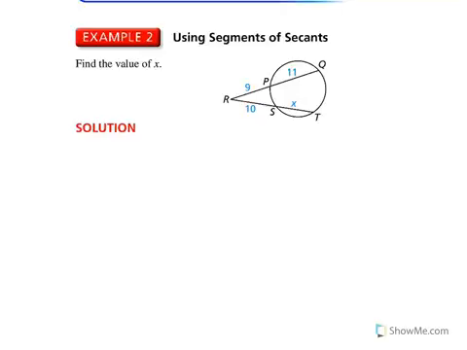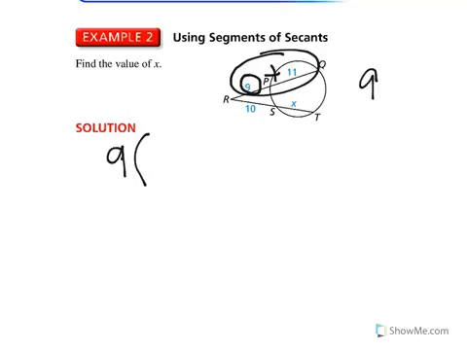It says find the value of x. Okay, so here we have two secant lines. So what that means is that I'm going to take 9, which is my outside piece, and I'm going to multiply that by my entire line, which is 9 plus 11. So 9 times, and then 9 plus 11 is 20.